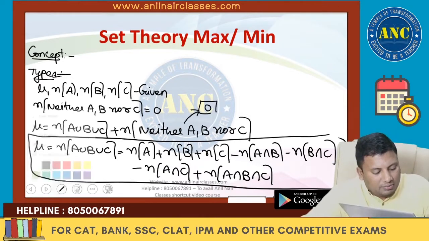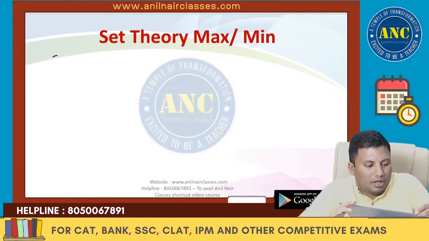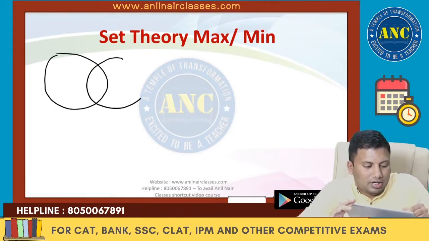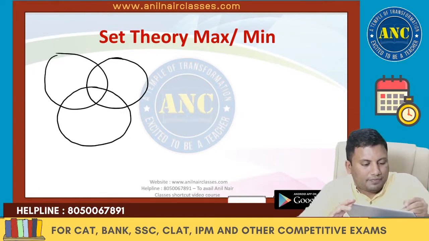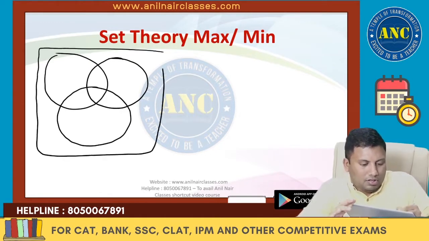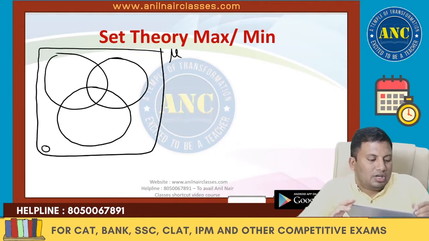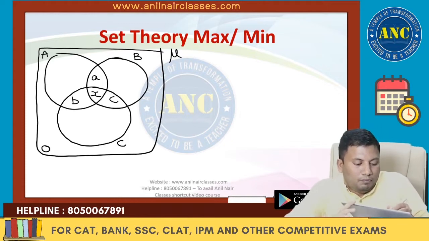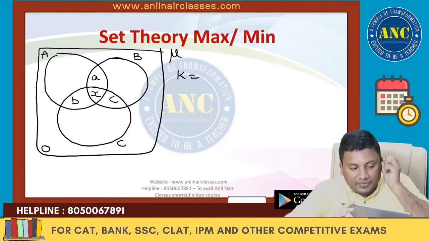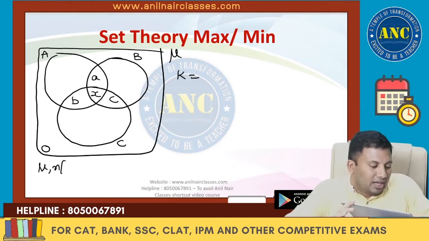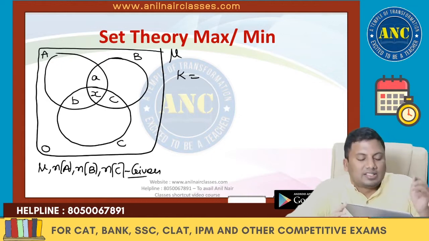We will draw this in terms of diagrams. This is mu, this is 0. Let me call these values A, B and C. This is A, this is B, this is C. Mu is some constant K. The values of mu, n of A, n of B and n of C are all given as constants.